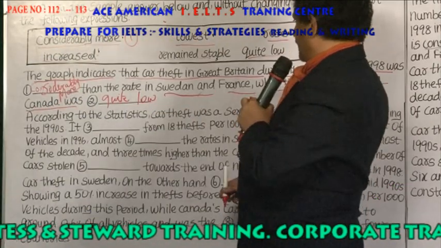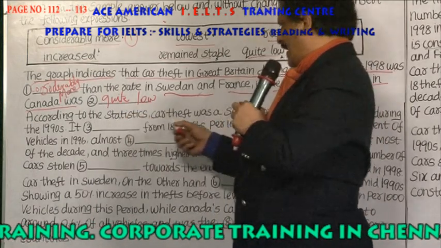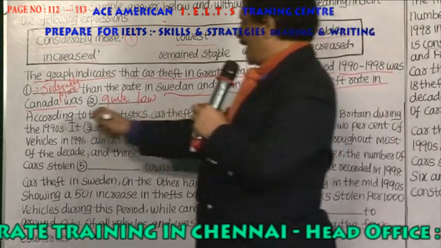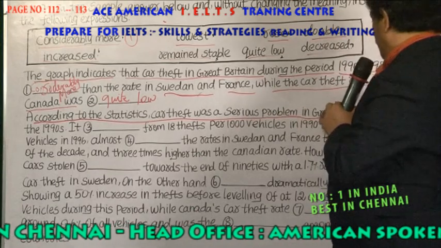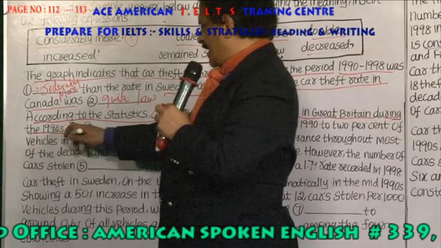So number third, now we are going in for number third. According to the statistics, car theft was a serious problem in Great Britain during the 1990s, right?